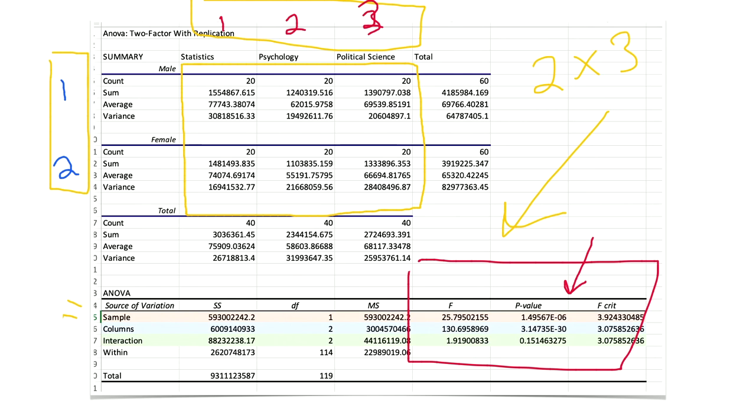That'd be the sample. And then the columns would be comparing the 1, the 2, and the 3, comparing statistics, psychology, and political science. And that also had an F of 130 with a critical value of 3.07. Look at that one. That's 3.147 to the minus 30 power. These are very, very powerful results. So that's what I'm going to be looking for you to do in this particular chapter.